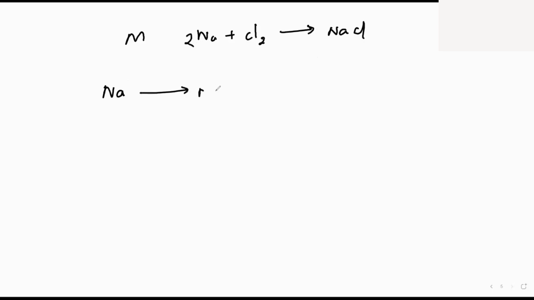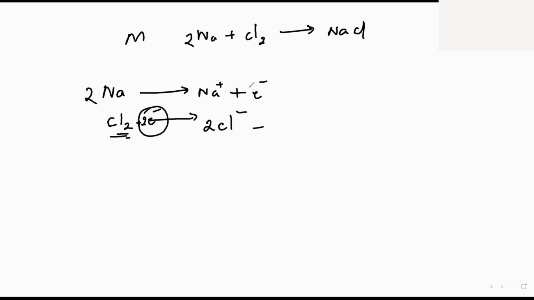Sodium loses an electron, becomes sodium plus, and the chlorine molecule gains electrons. The chlorine molecule has two atoms, so 2 Cl minus, it has to gain 2 electrons. Do you understand this? So in order to balance this, 2 electrons, only 1 electron here, I just take 2 sodium atoms, 2 sodium ions, 2 electrons. Isn't this the half equations?